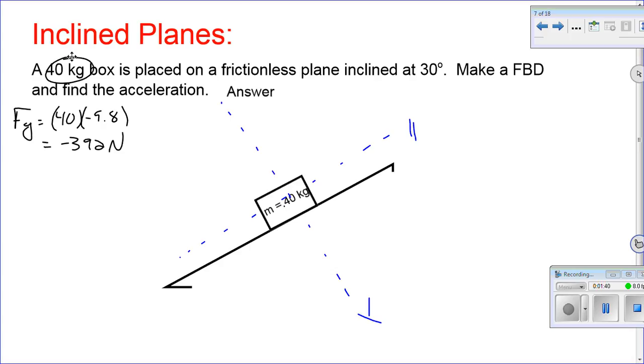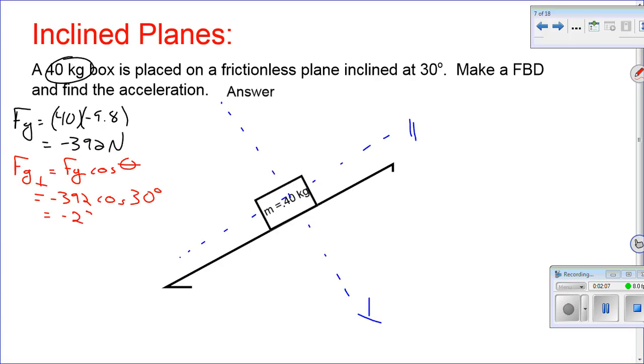When you're given an inclined plane problem, start by finding your force of gravity, then find your two components. Remember, force of gravity perpendicular is just Fg times the cosine of theta. So for us, that's negative 392 times the cosine of 30 degrees.